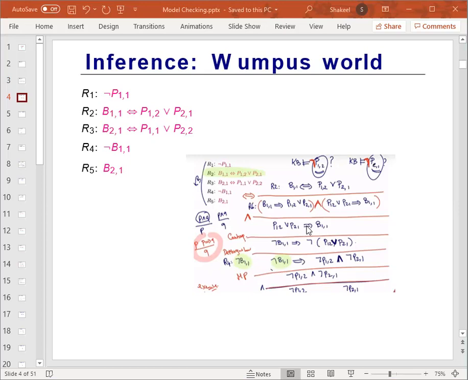The if and only if splits into two implications. So I'm going to write this as B11 implies P12 or P21, and I'm going to put that in another color.